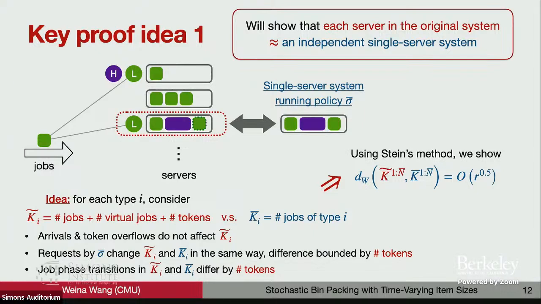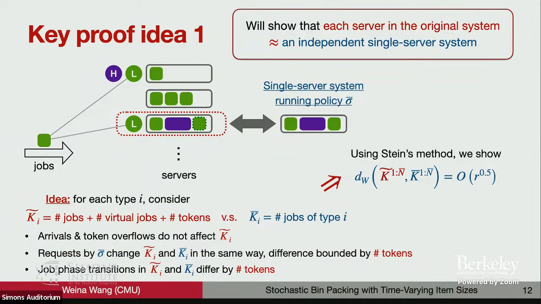I'm just illustrating the intuition here. We are not actually thinking of the actual sample path, how it works at every step for this single server system, because like you said, it depends on things happening here. It's not an actual Markov chain.